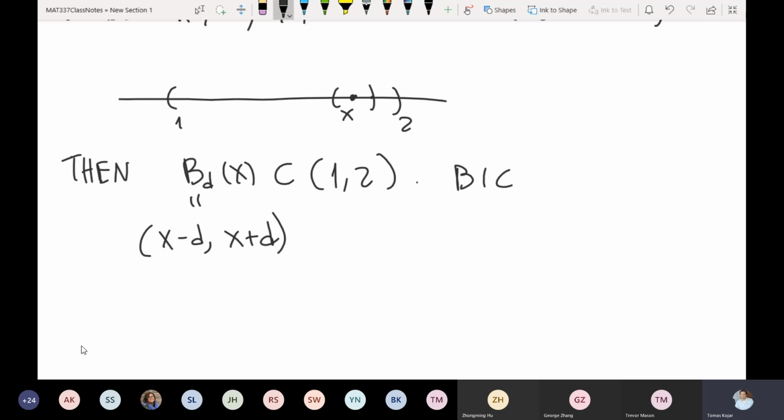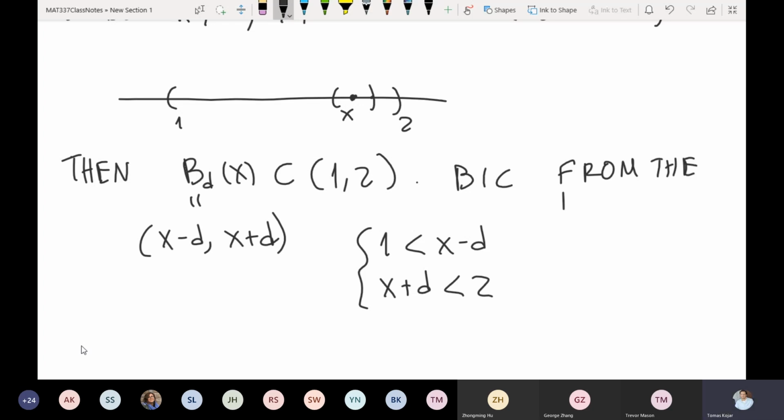Because 1 is strictly less than x minus d, and x plus d is strictly less than 2, from the definition of d we have these inequalities.